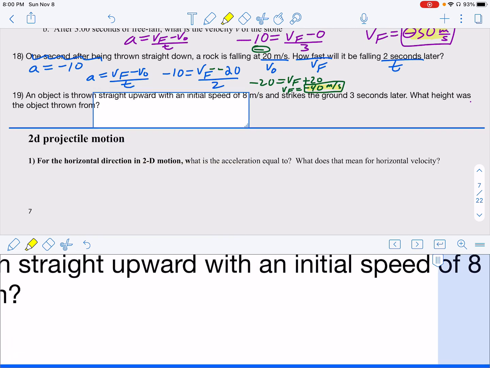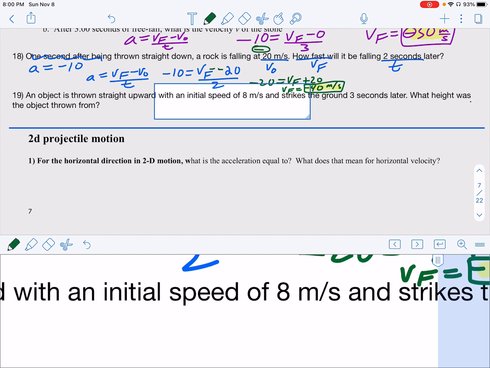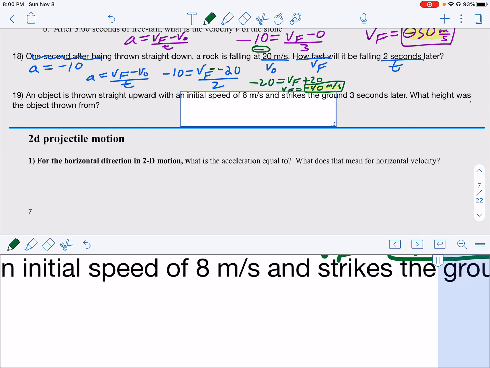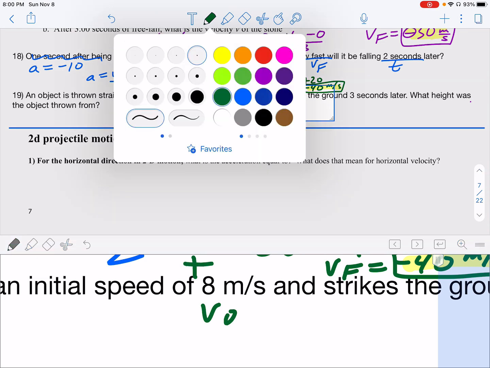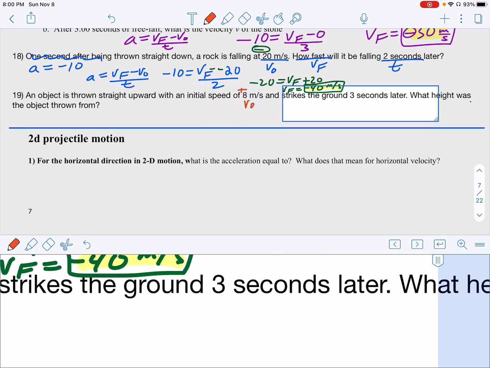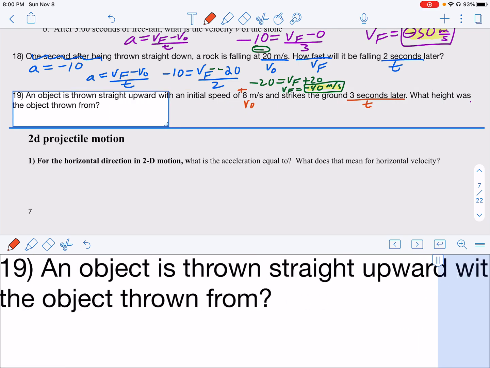Okay. Oh boy. Okay, so an object is thrown straight upwards with initial speed. Since it's going upwards, VO is positive 8. It strikes the ground 3 seconds later. That's the time. What height was the object thrown from?